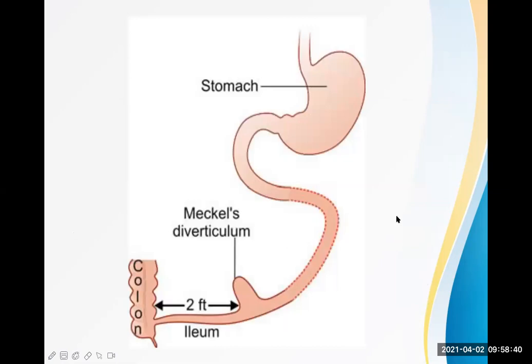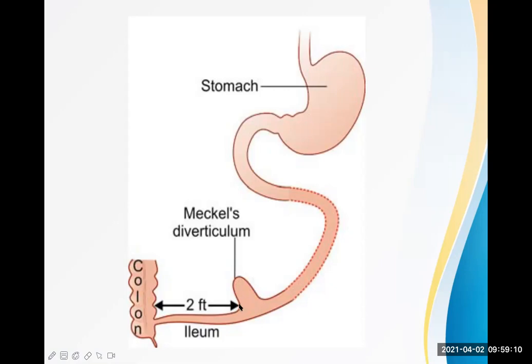Now see here, there is one picture which I have collected. Here is the stomach, here is the duodenum. After that there is the small intestine, the jejunum, and after that the ileum. So it is present in the ileum because it is just 2 feet proximal to the ileocecal junction. This is the ileocecal junction right here, 2 feet proximal, and here is a Meckel's diverticulum.